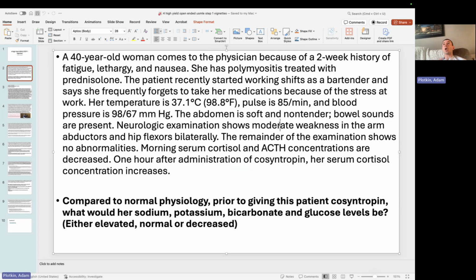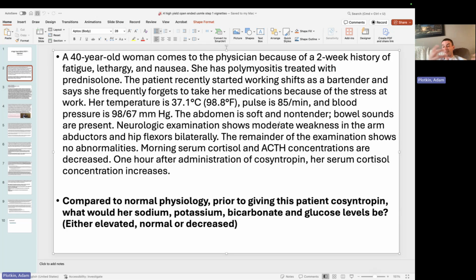Other things cortisol does is cortisol inhibits the release of antidiuretic hormone from the posterior pituitary. So antidiuretic hormone is made in my supraoptic and paraventricular nuclei of the hypothalamus. It travels to the posterior pituitary and it sits there and it waits to get released. Remember, things that cause release of antidiuretic hormone are things like elevated sodium, right?